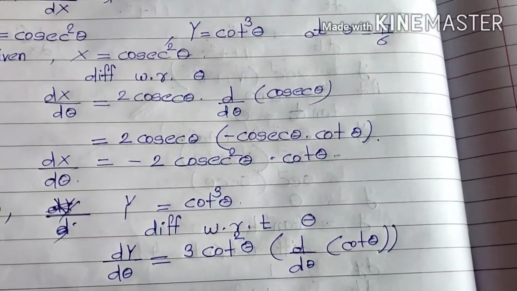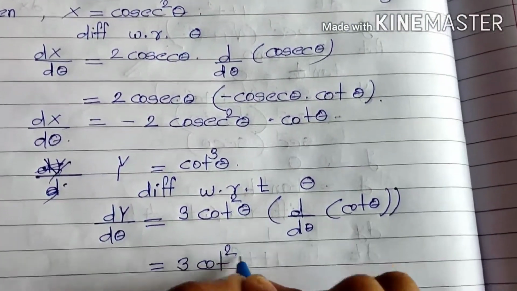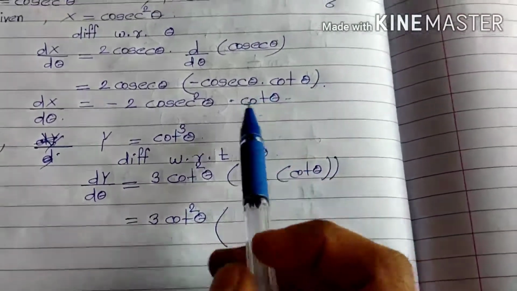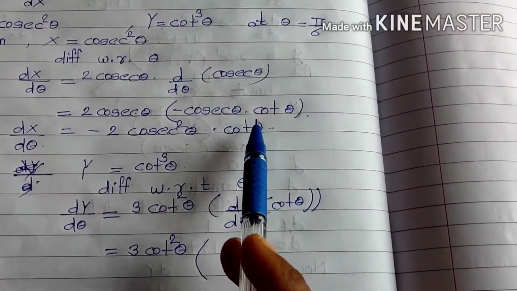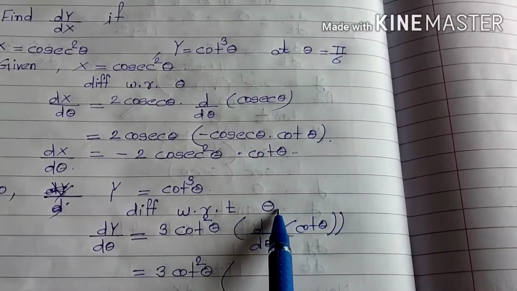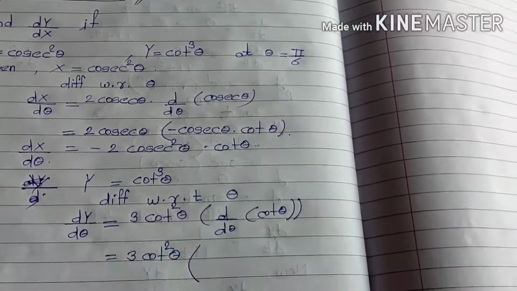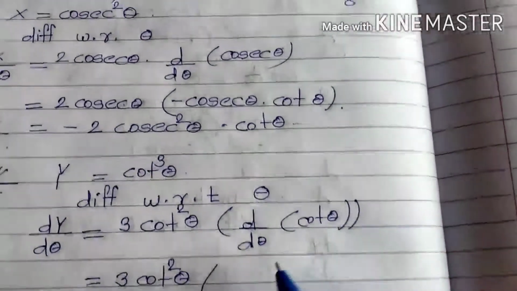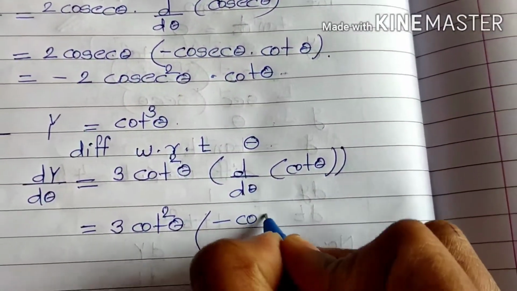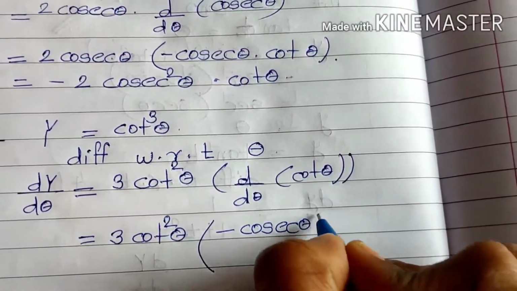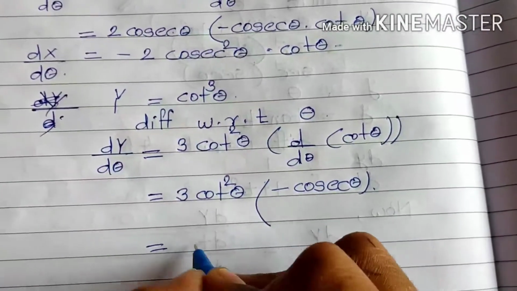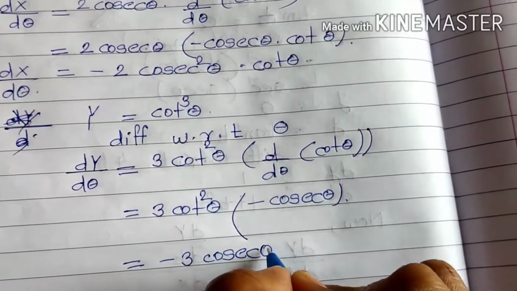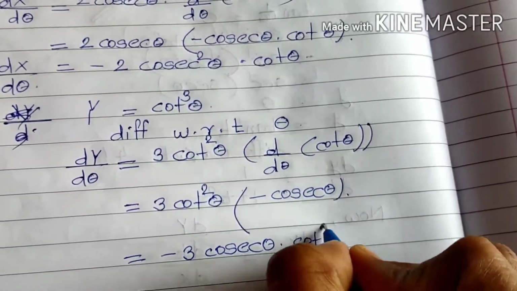So 3 cot square theta as it is, and the derivative of cot theta is minus cosec theta. So it can be written as minus 3 cosec theta into cot square theta.